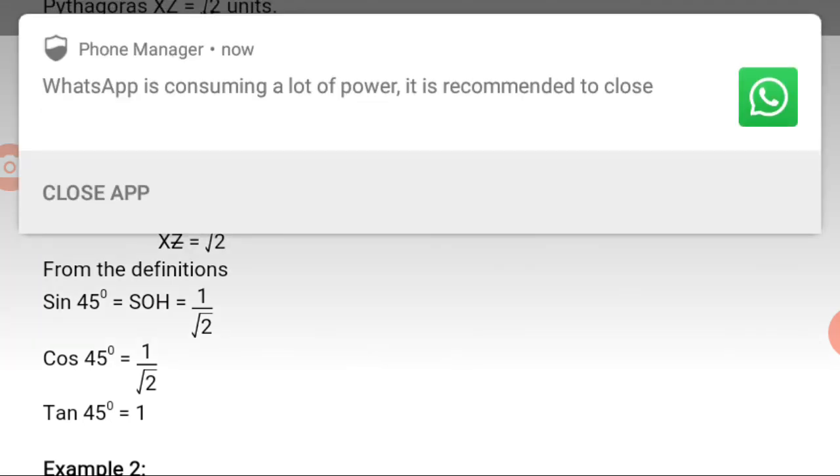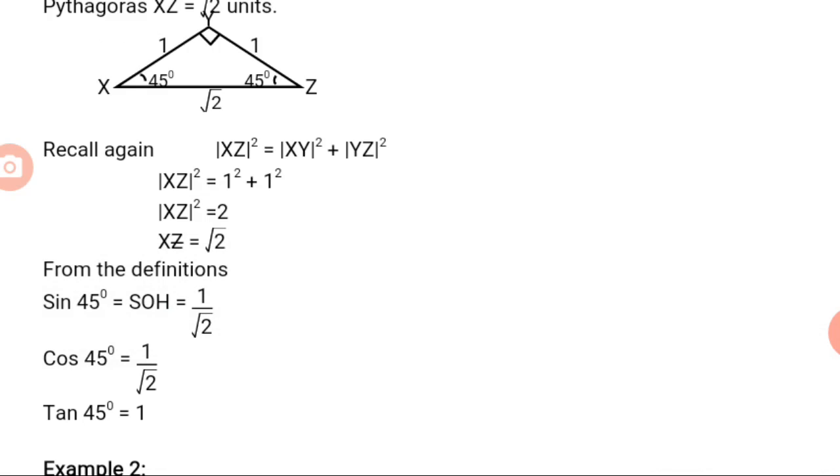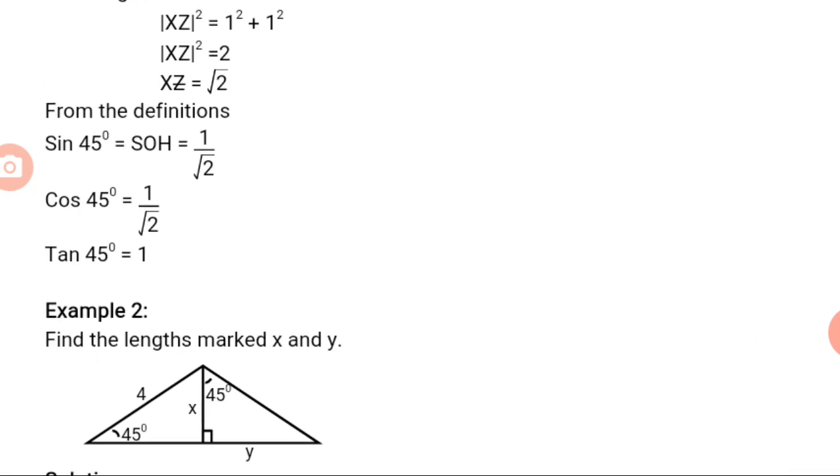The side that is opposite to 45 degrees is 1, that is YZ, and the side that is adjacent to 45 degrees is what? It is XY, that is 1. Is that clear? Therefore, tan 45 degrees is 1 all over 1, which is equal to 1.